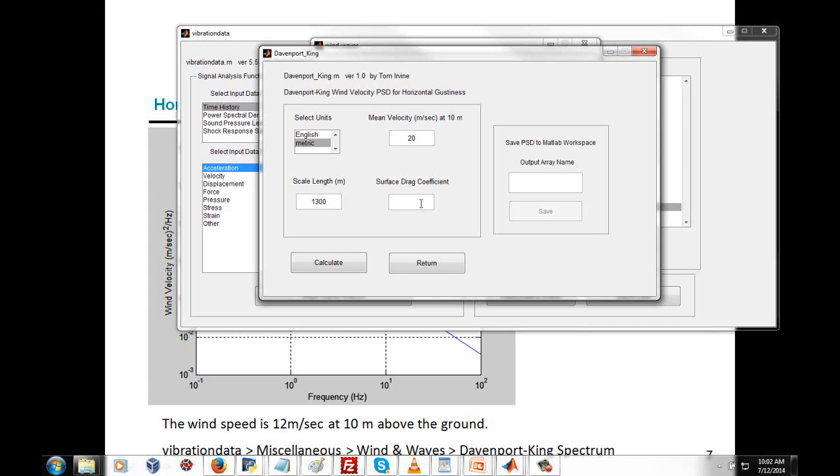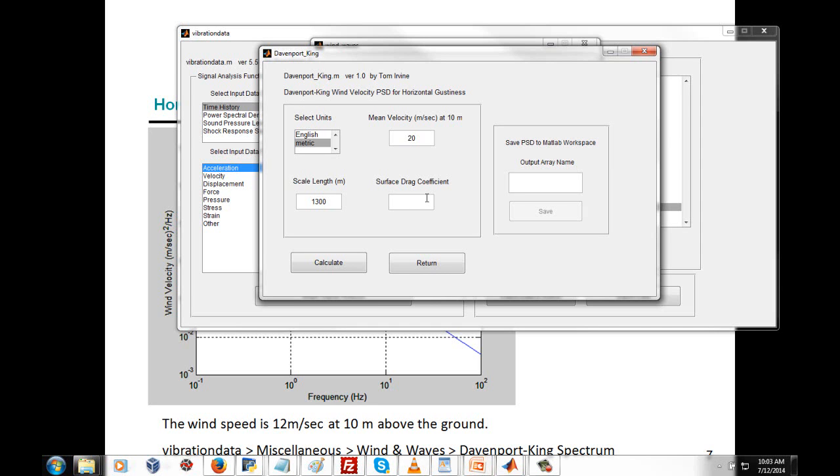And the drag coefficients can vary depending on the terrain roughness, and also it just sort of depends on what we have. Are we looking at a tall building or a slender launch vehicle with a cylindrical cross section, or do we have an assortment of buildings like in an urban area?